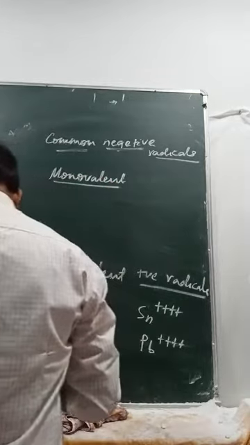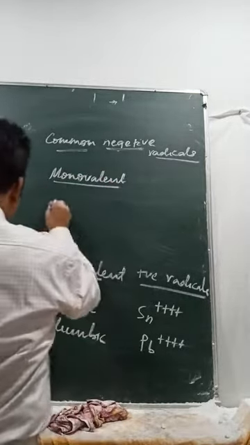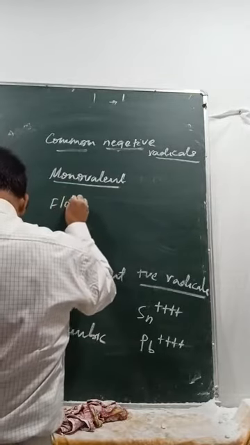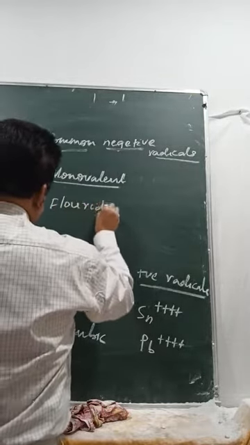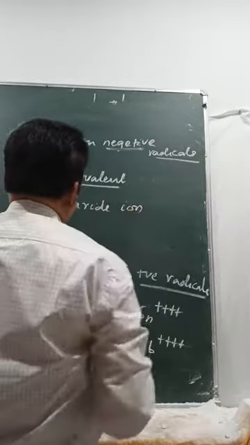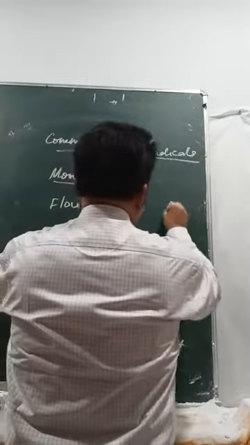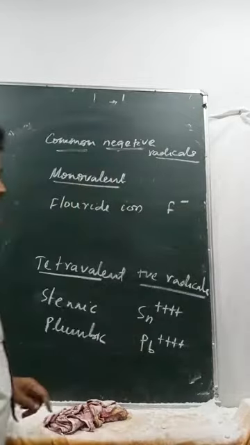What is that? Now fluoride, chloride ion means it will accept one electron.